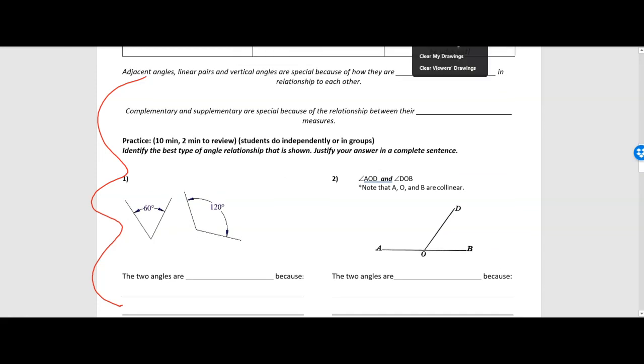Adjacent angles, linear pairs, and vertical angles are special because of how they are oriented in relationship to each other. Or you could say positioned. Complementary and supplementary are special because of their relationship between their angle measures.